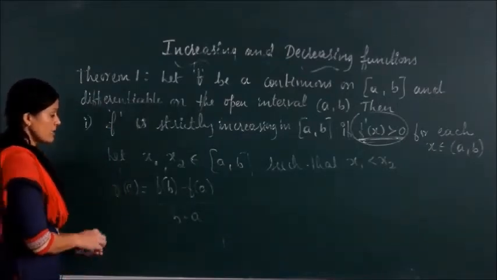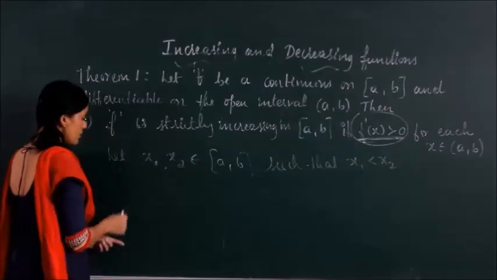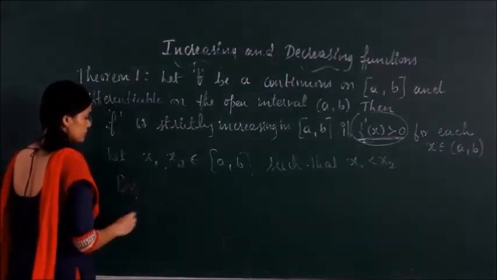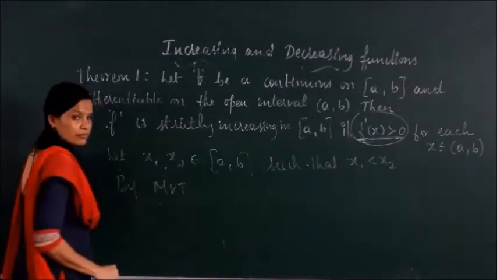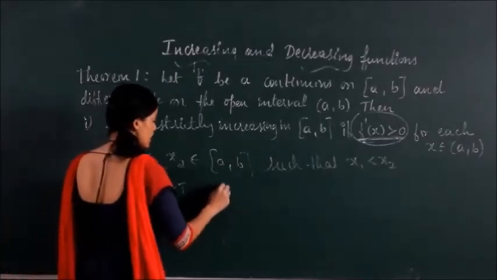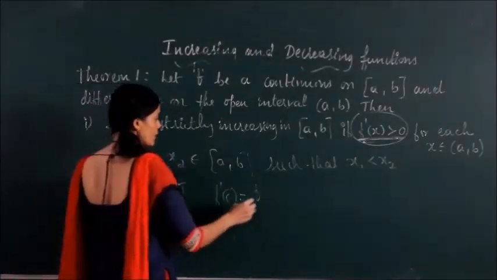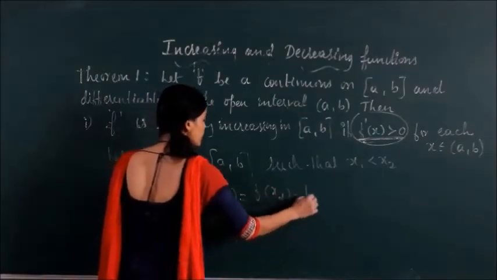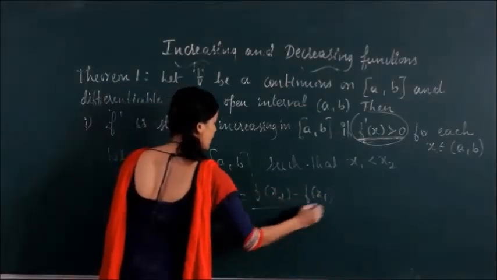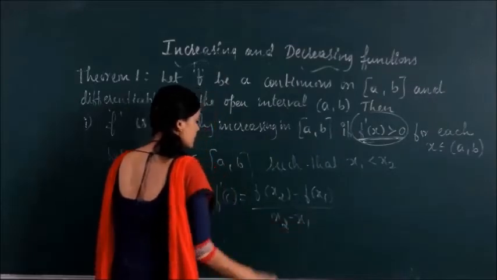So we had this definition, and I am applying that Lagrange's mean value theorem. By the mean value theorem, f dash of c is equal to f of x2 minus f of x1 divided by x2 minus x1.